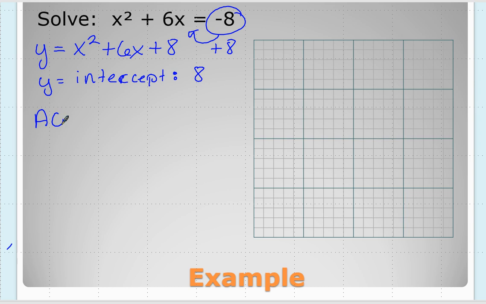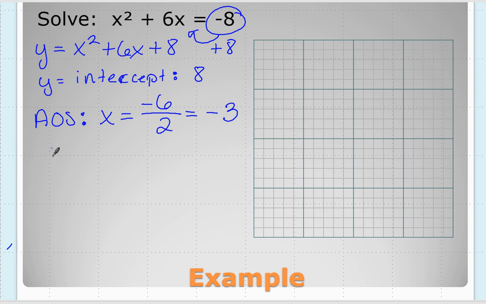So, axis of symmetry is x equals negative 6 over 2, because 2 times 1 is 2. So my axis of symmetry is negative 3, or x equals negative 3.